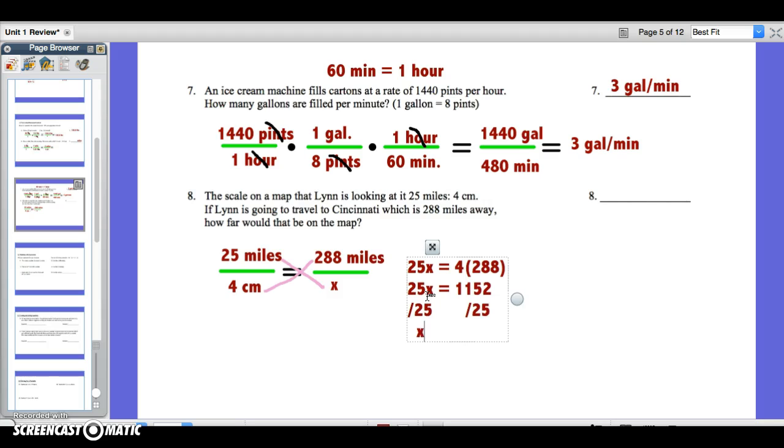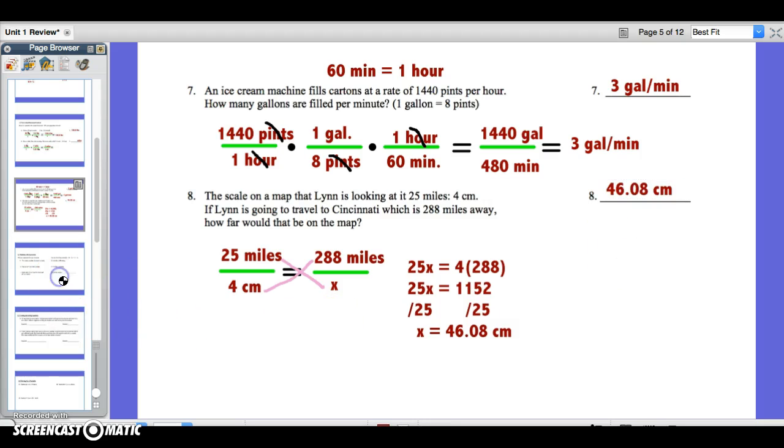When I do that, I'm going to get x is equal to 46.08, and that would be centimeters. So on the map that Lynn is looking at, from the school to Cincinnati, it's going to be 46.08 centimeters.